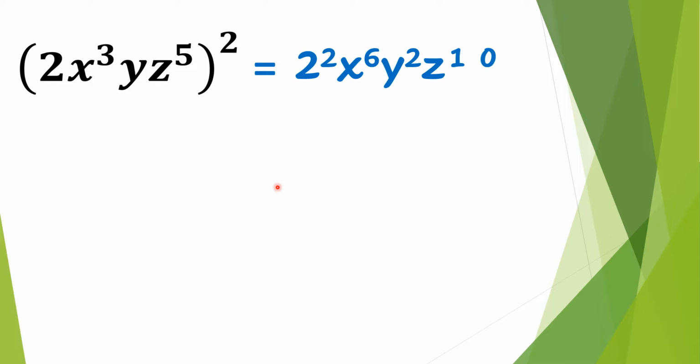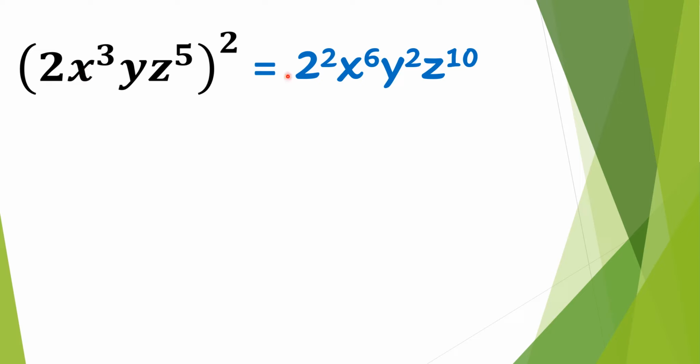Okay, more examples. Given the quantity 2x raised to 3y, z raised to 5, raised to 2. Okay, so ibig sabihin, lahat ng dito, i-multiply natin kay 2. So, first 2. Ibig sabihin, wala siyang exponent, may 1, kaya 1 times 2, kaya magiging 2 ang kanyang exponent dito.